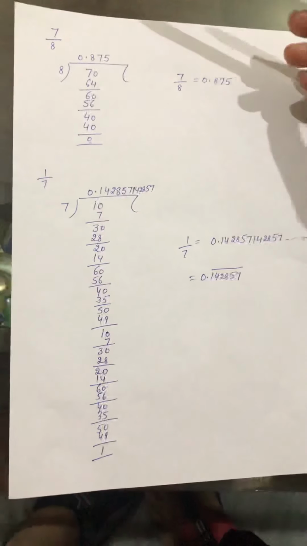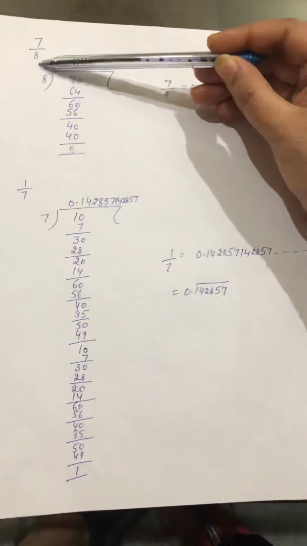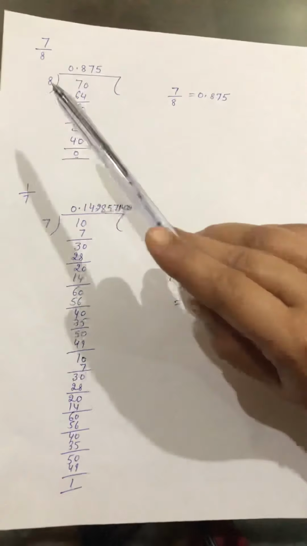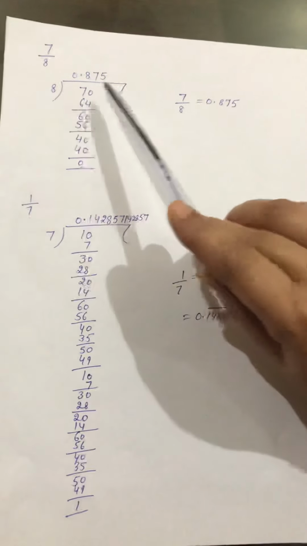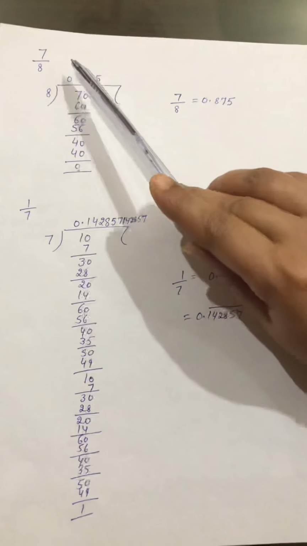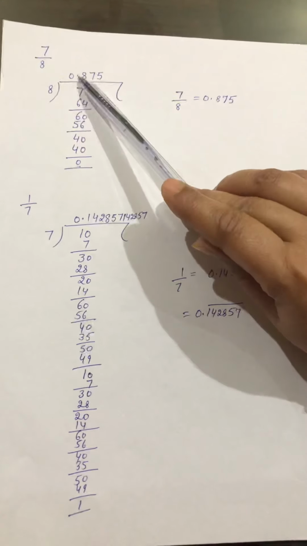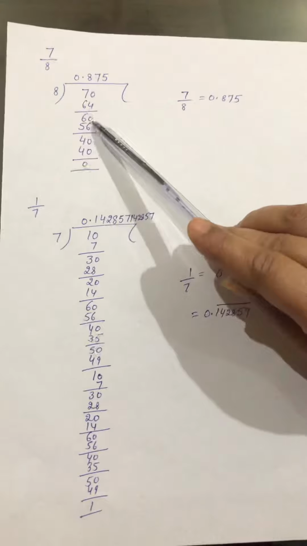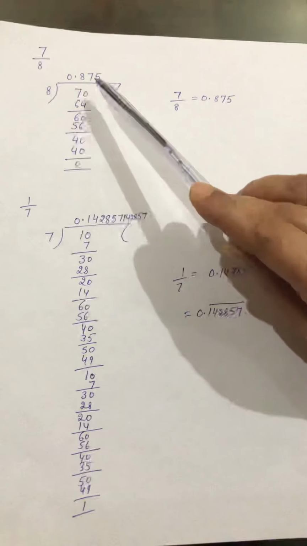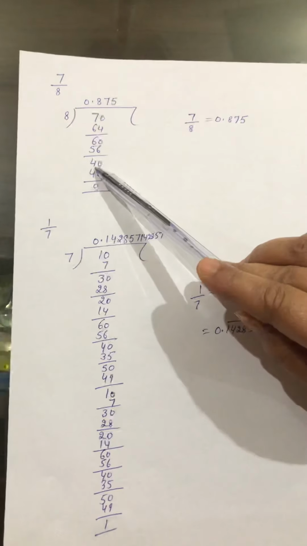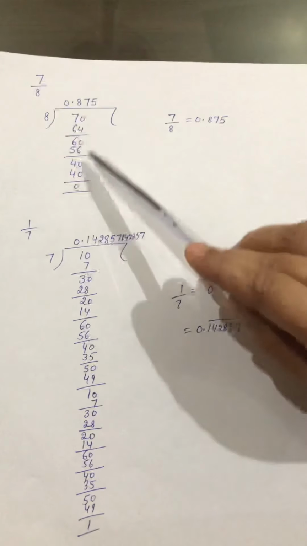Now in another example, the second is 7 by 8. When we divide 7 by 8, we have to take 0 to make it 70, decimal, 8 8s are 64, then 6 is the remainder, 60, 8 7s are 56, 4 is the remainder, 40, 8 5s are 40.